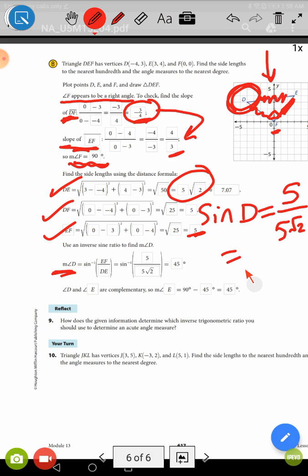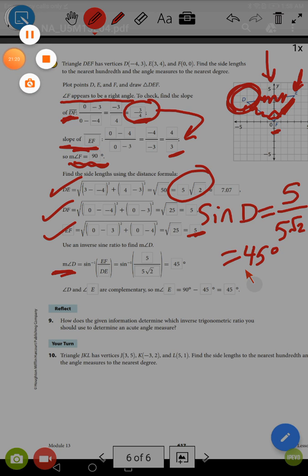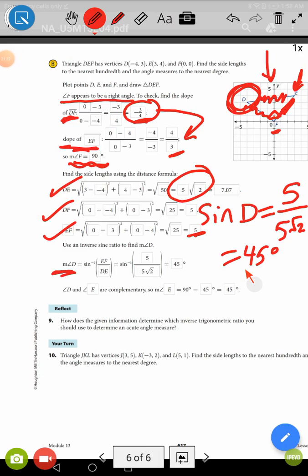So angle D equals 45 degrees. And since D is 45, E is also 45 using 90 minus 45. That is it, and thank you.